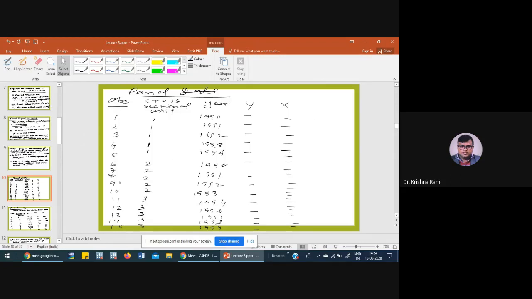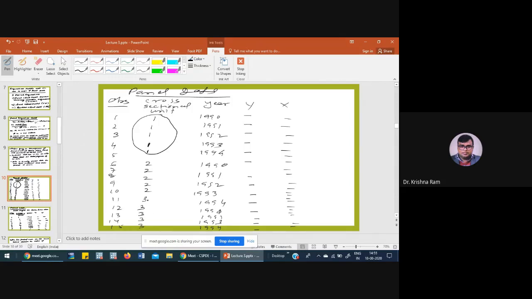So here you have observations 1, 2, 3, 4, and so on. This one is the cross-sectional unit, and each one has a unique ID. Sorry, here I have 5-year data and 3 cross-sectional units.